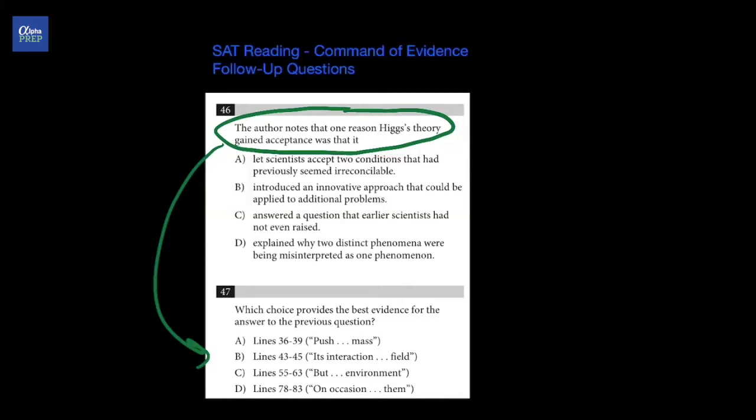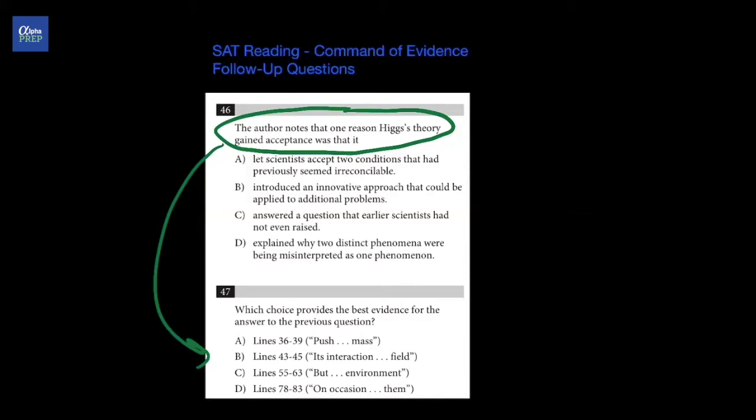Typically, only one of the answer choices in the follow-up question is even going to mention the main idea of the previous question. So you're going to be able to pick it out just by matching words more than half the time. Once you've picked out an answer for the follow-up question, you can read that quote really carefully and then use it to answer the initial question or the previous question.